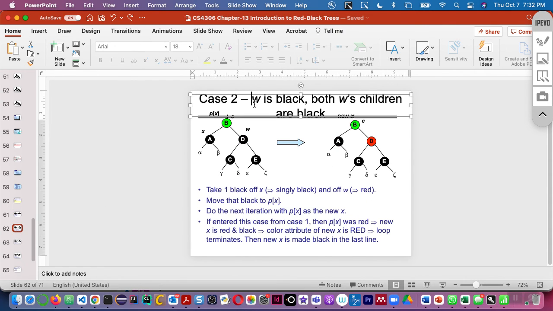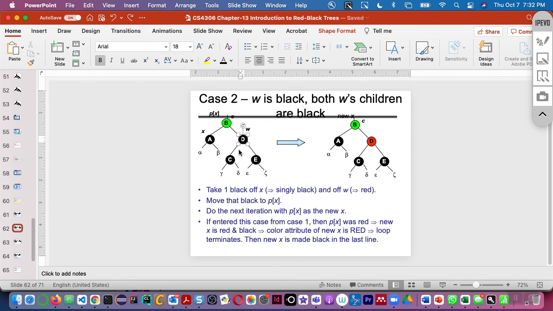And now go to case 2. If this W is black. Initially the first one was W is red, and this one is W is black. Then it has a different situation. Okay, then it is recoloring.